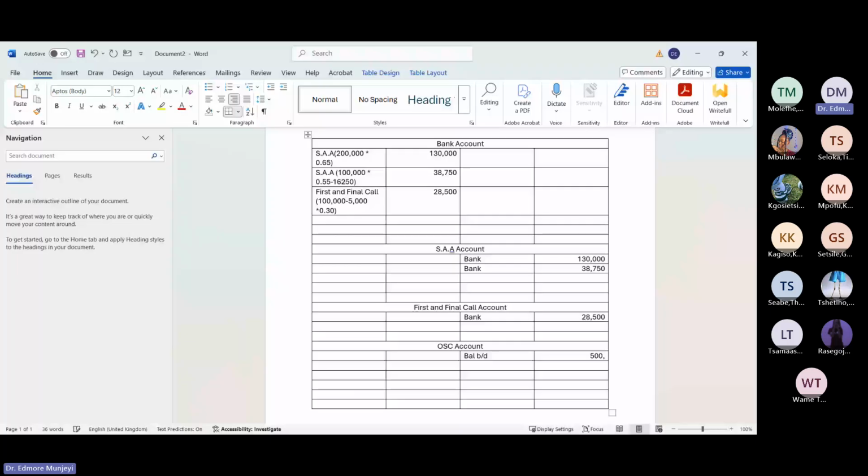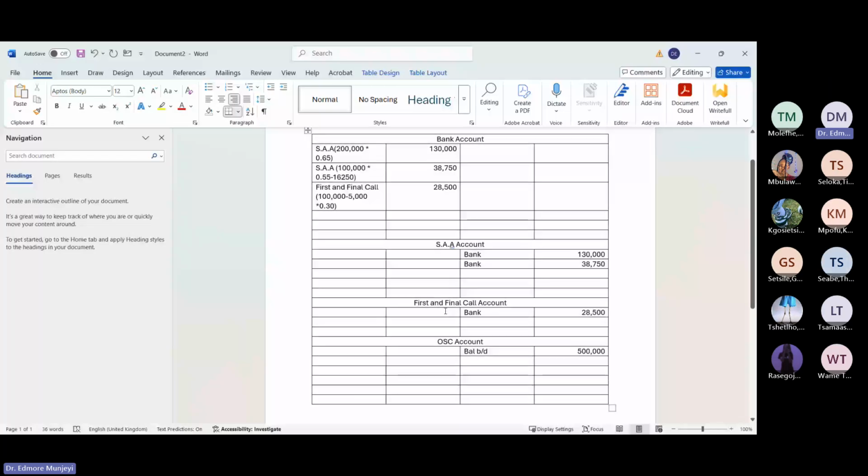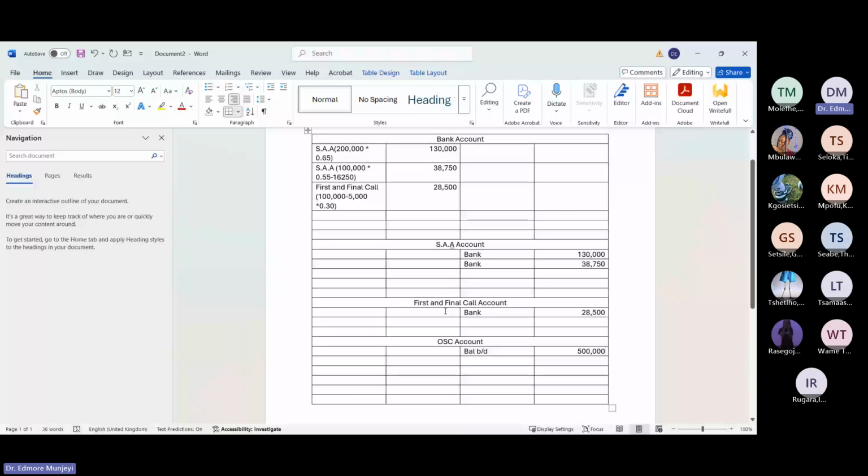The next entry, now we look at our share application and allotment account. We'll be trying to close it. And remember, in our question, there were 75,000 shares that were returned. In A, they say to return cheques of 75,000 shares.